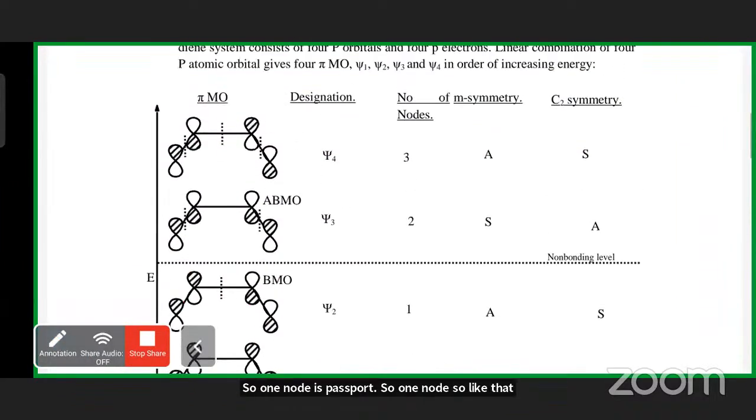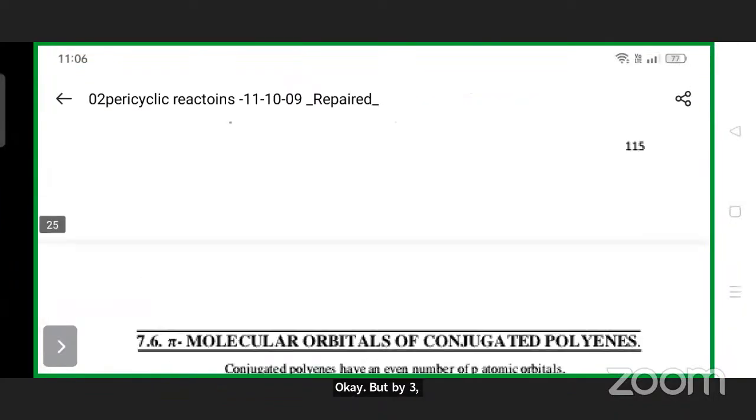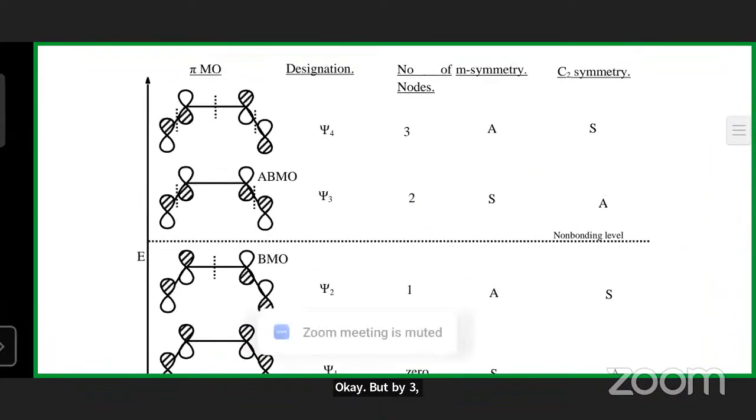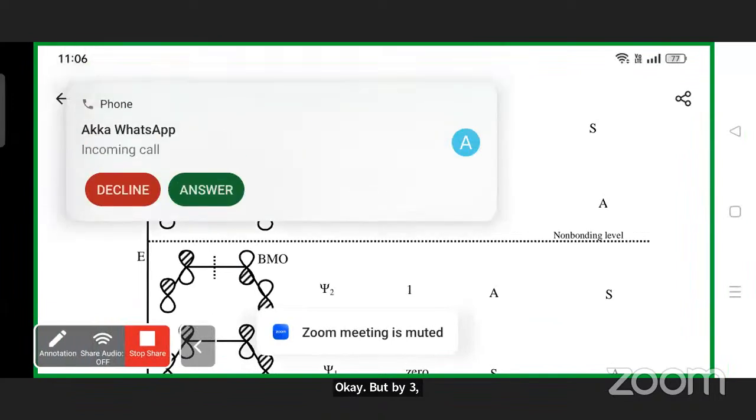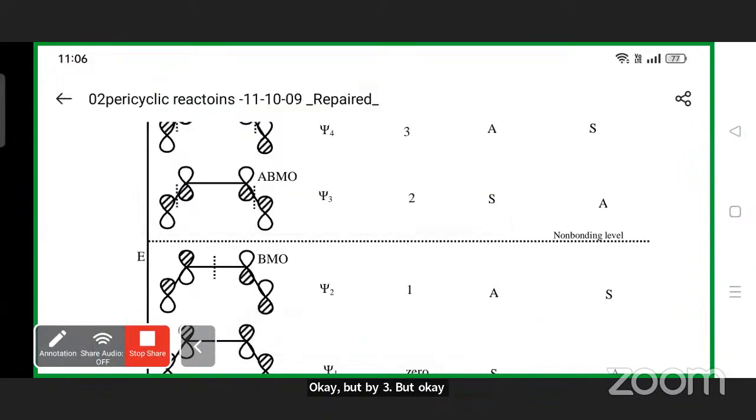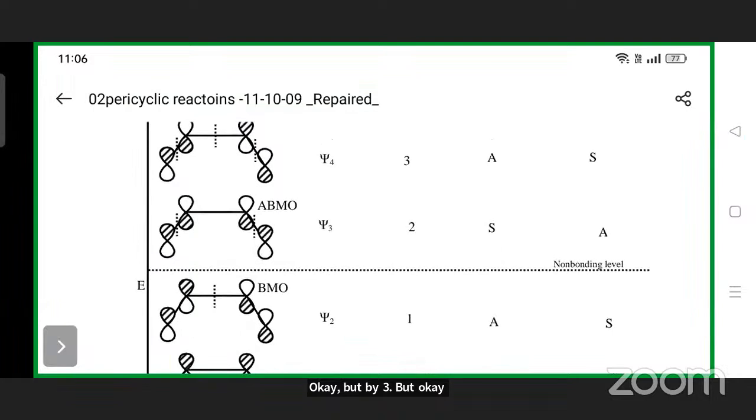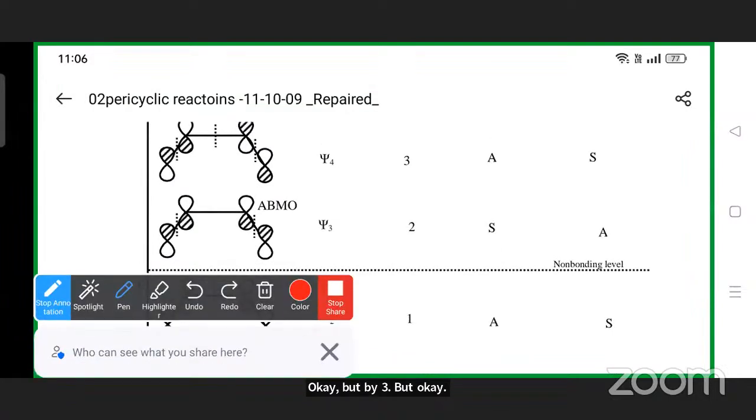Now for psi 3, when you draw this psi 3 orbital diagram, here one above, one below. Next, here also the same thing.